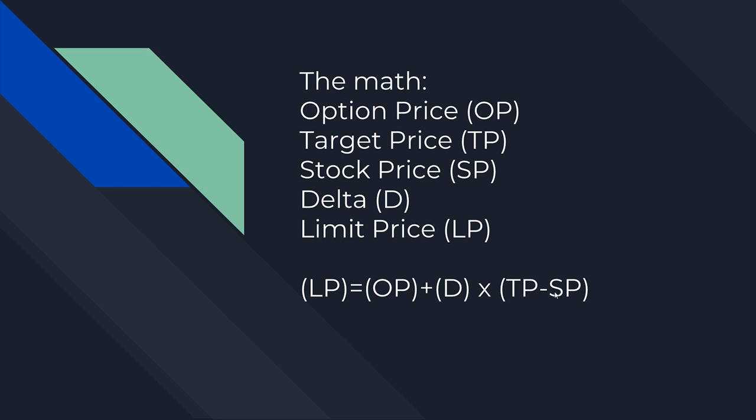Anyway, we'll look that up here, and you're going to times it by delta. Delta is the number that the option price will go up for every dollar the stock moves.